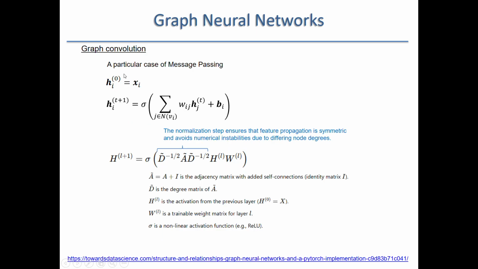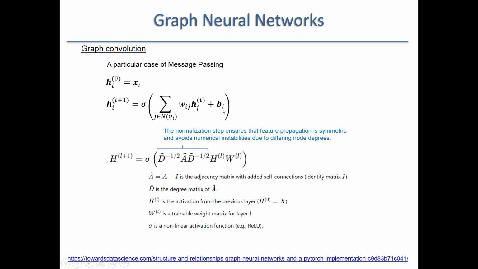Graph convolution is a particular case of this message passing. You start, as I said, without any input embedding function, but you can put an embedding function if you want. Then you let them evolve. The evolution is defined in this way.